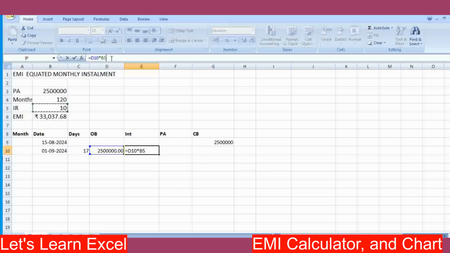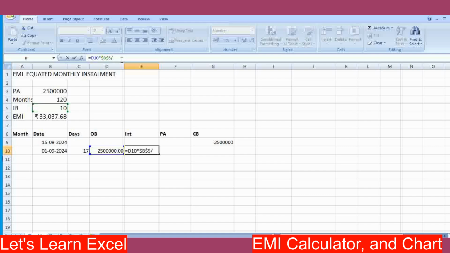So how to go about it? Just place a dollar sign, $B and $5, before the column name and the row number. This will become an absolute cell reference. Now this rate is per year and it is percentage, so we have to calculate it for per day.